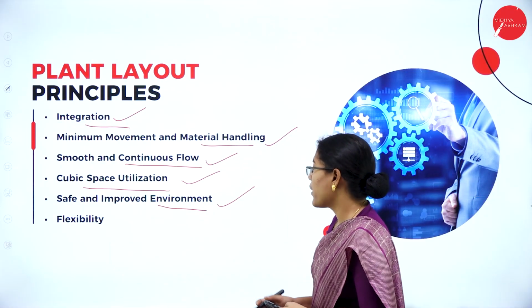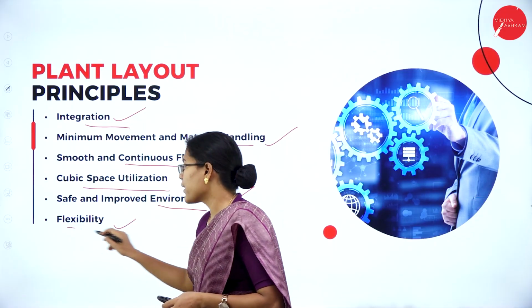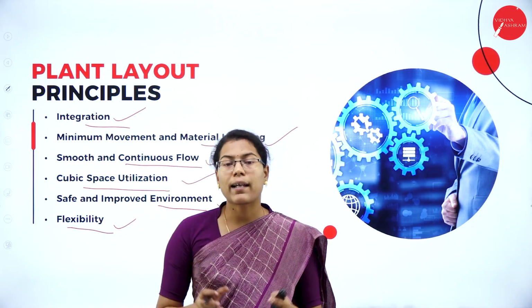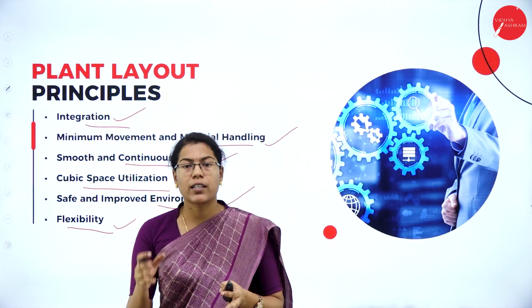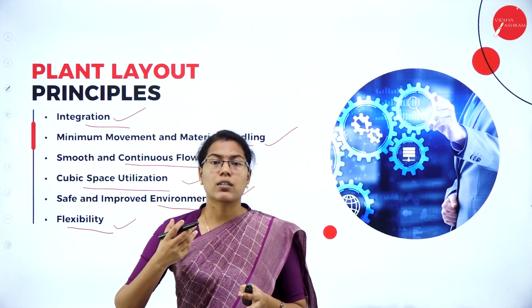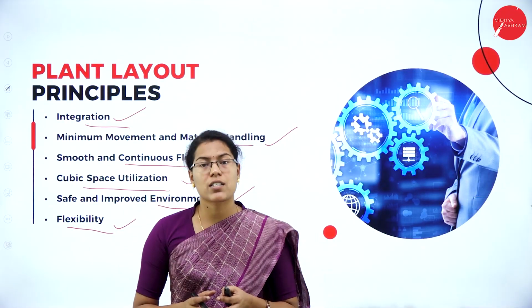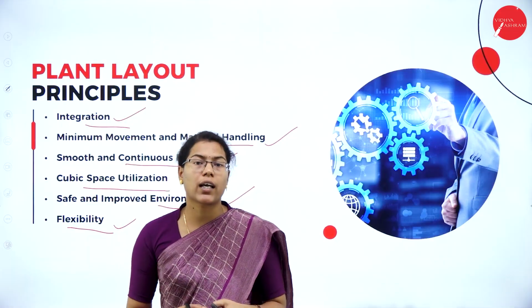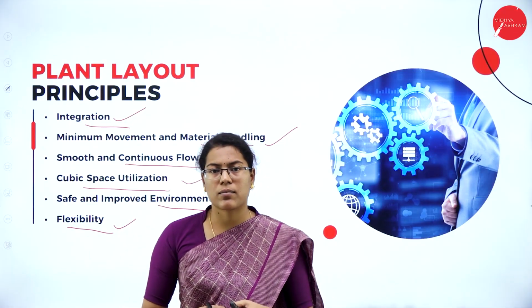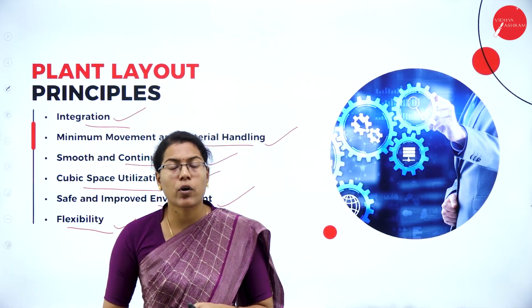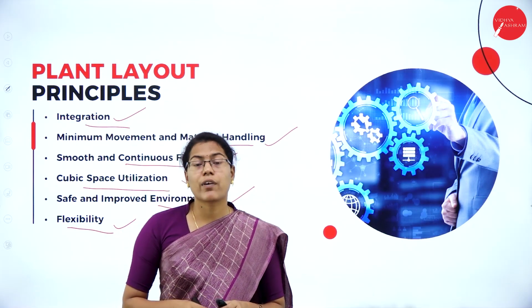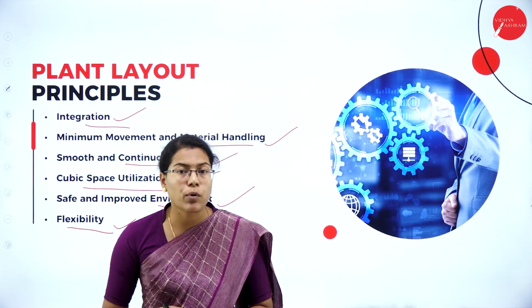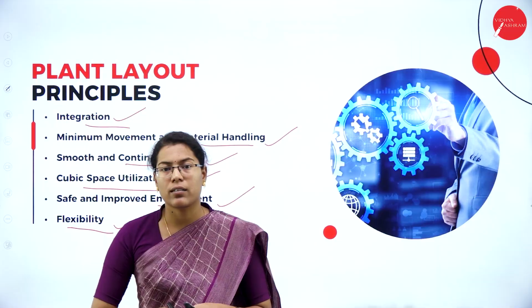And at last we have flexibility. Flexibility here means the plant should be arranged in such a way that there is enough scope for any kind of adjustments to be made without any hassle or increased cost. This is especially important for those industries where the products and the production process change regularly.